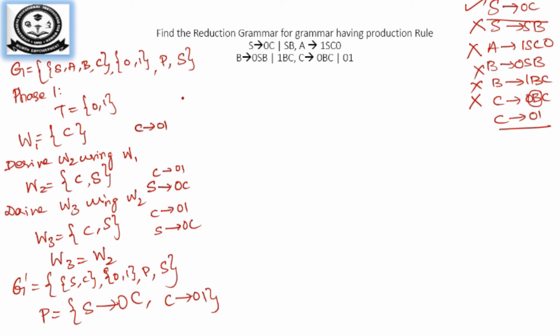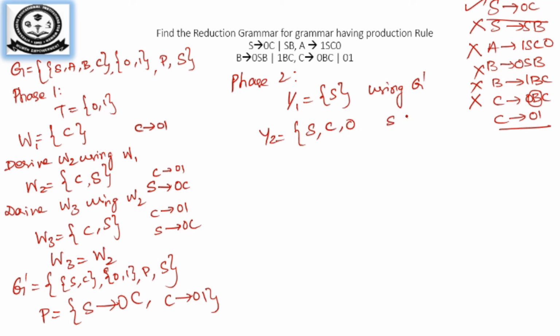Now let me see what are the symbols that can be derived. So phase 2, from the Y1, from the start symbol we have to derive all the symbols using G dash. So Y2, from S I can derive S, C and 0.